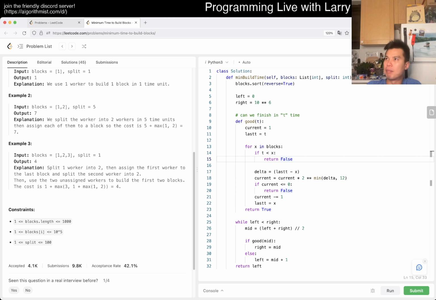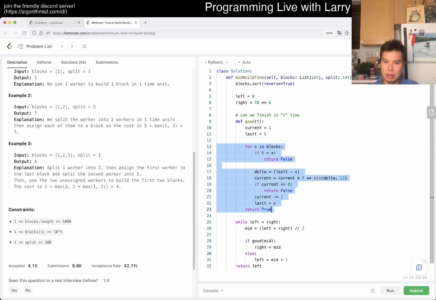Can I think about this backwards? Meaning, here, the way that we did it is just by simulation upwards. But can we look at it backwards and be like, okay, let's say we have X and we're trying to find T. That means that the latest that we can get a worker that starts here is going to be, I don't know, right?